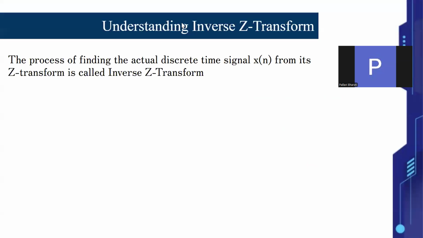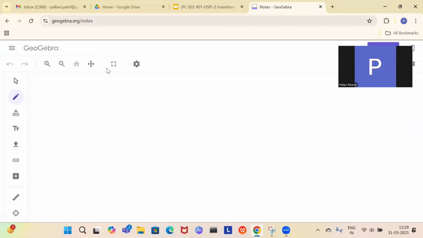The process of finding the actual discrete time signal x n from its Z transform is called the inverse Z transform. So if I show it to you, we were having this discrete time signal x of n, and we were calculating x of z.